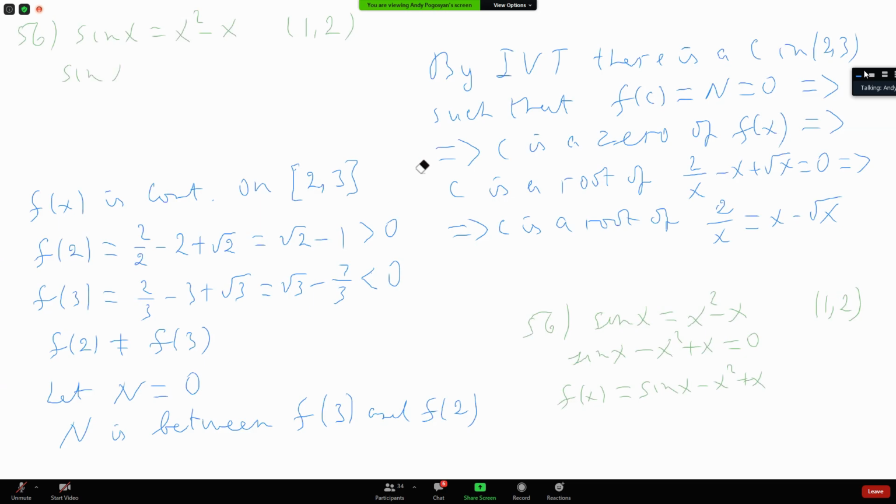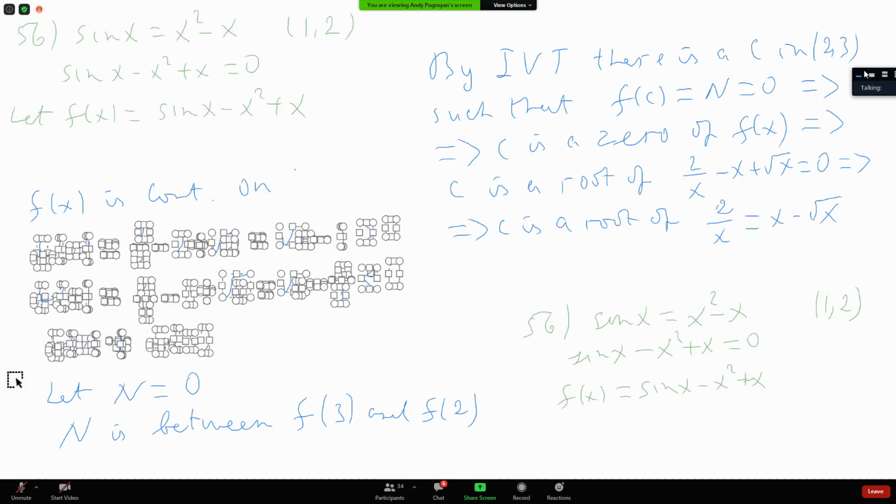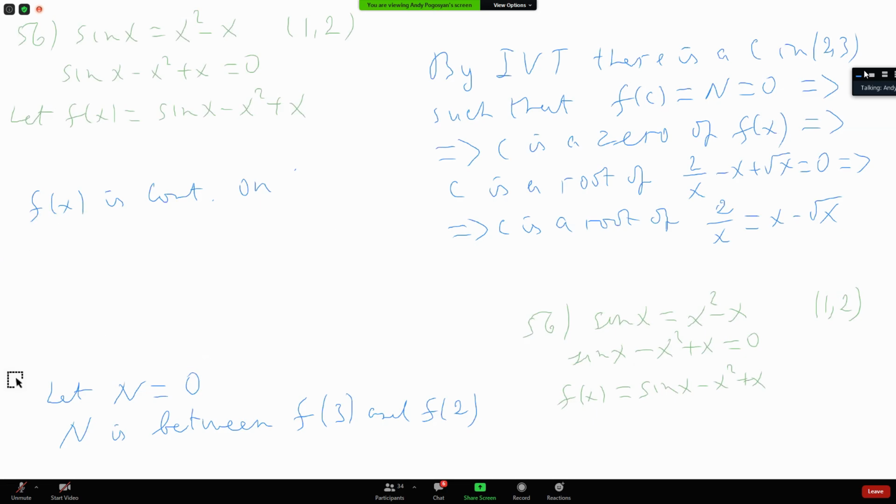So sine x minus x squared plus x. So f of x is continuous on 1 to 2.